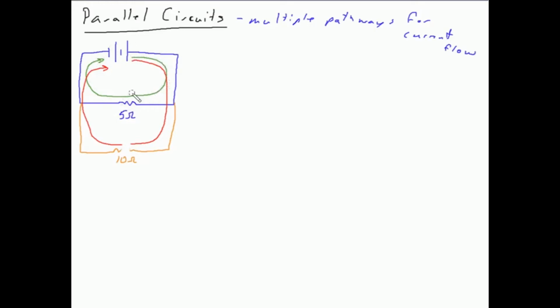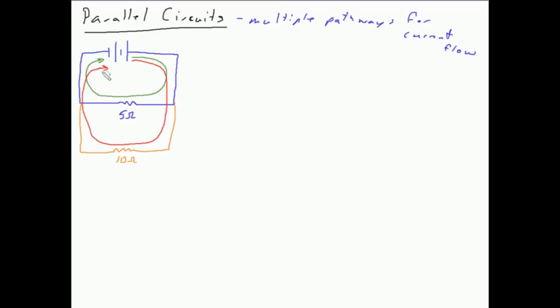Right? There is no interference for that. The same thing if I were to have something happen here in the 5 ohm, it would stop, but the 10 ohm would still have the current flowing through it. So that's the basic idea of the parallel circuit in terms of how it works.